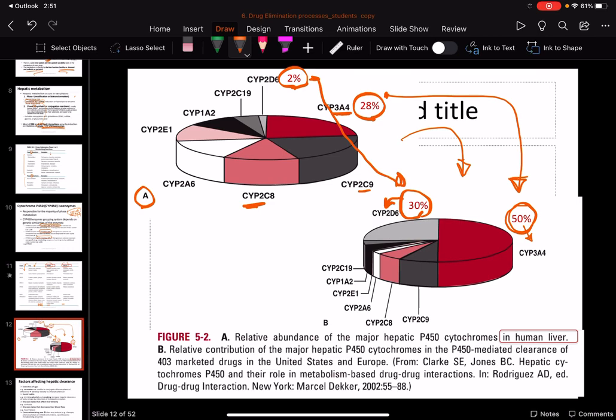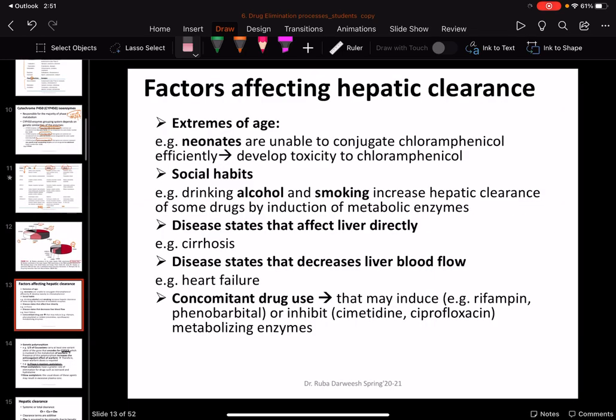Even if it's not present that much, it covers the majority of drug metabolism when analyzed in different drugs.